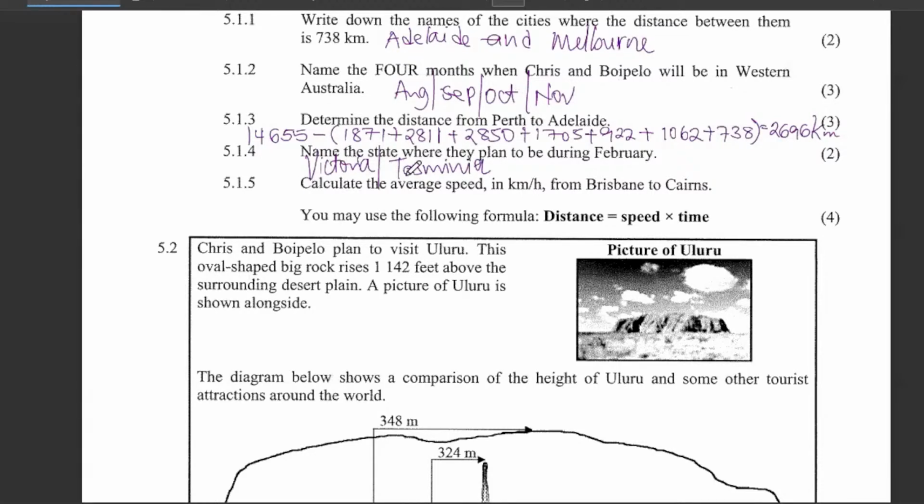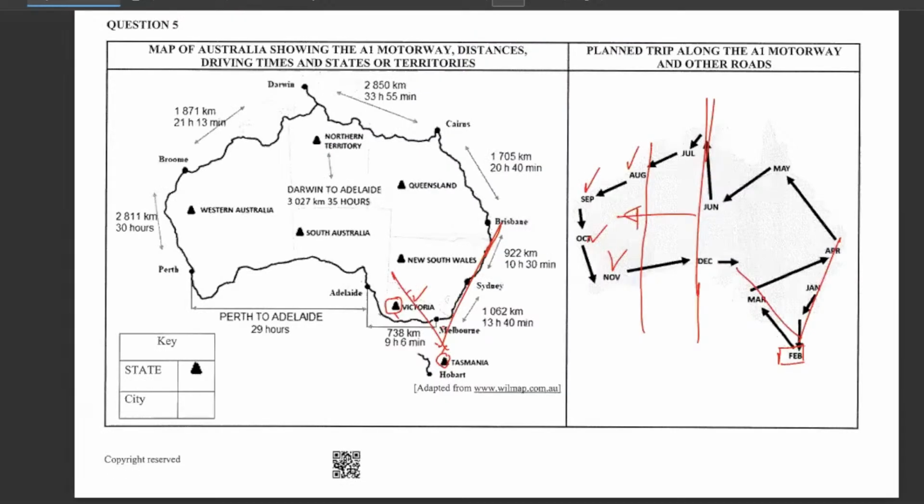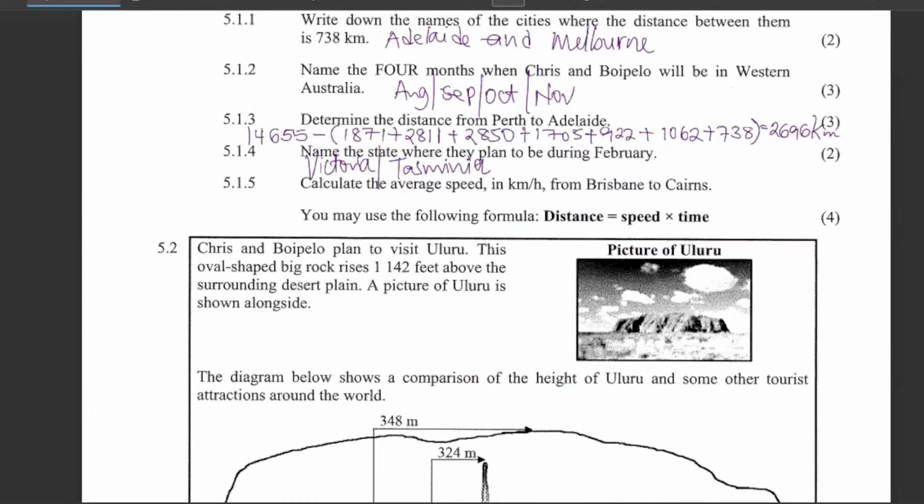Calculate the average speed in kilometers per hour from this place here to the other. So here we have to go to the map first and foremost and identify the places. They're asking us between this and this. The distance is already there and the time is there. In the question paper, they have told you distance equals speed times time, but they want you to get speed.